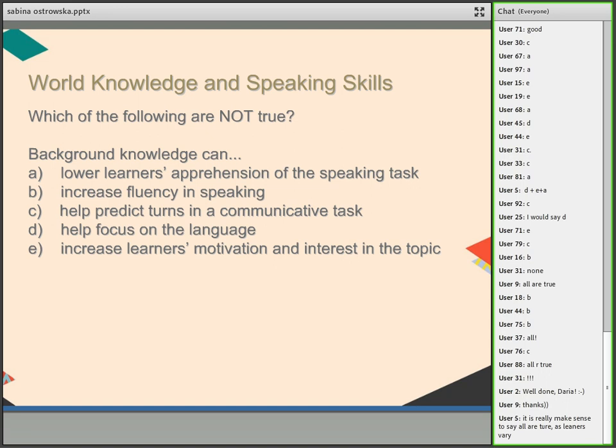And increase fluency in speaking. That's kind of obvious, because if you don't have to worry about your vocabulary, you can just speak with a little bit more fluency. Maybe you worry a little bit less about making small grammar mistakes. Also, this one, predict turns in a communicative task.